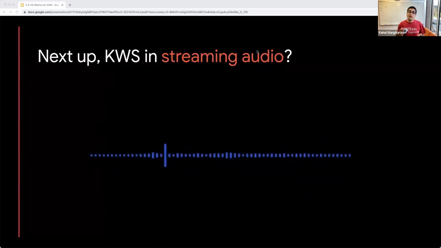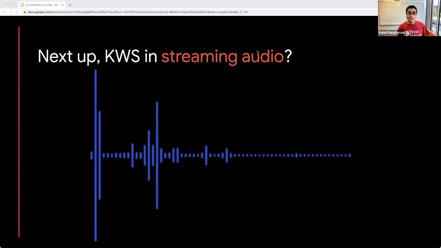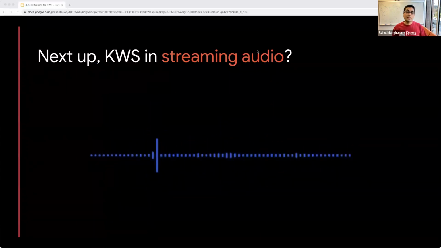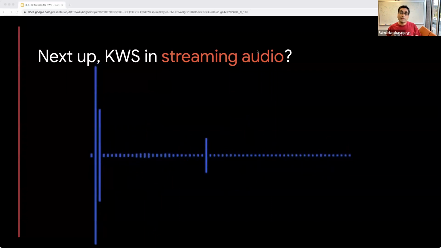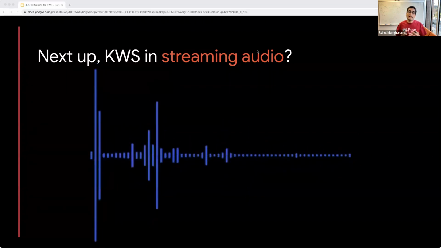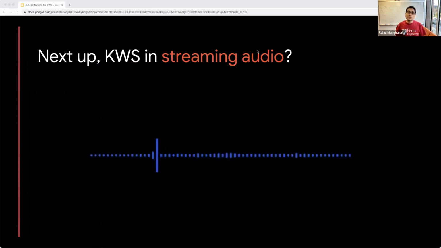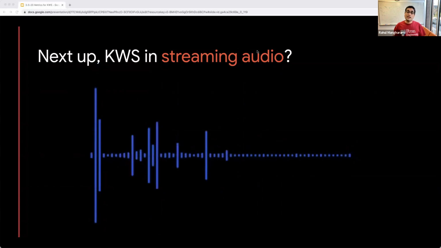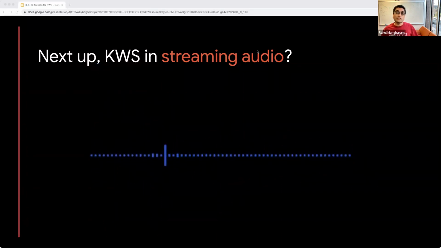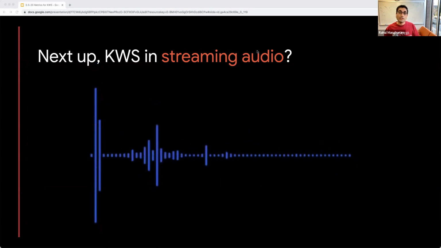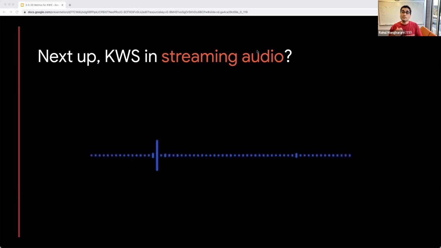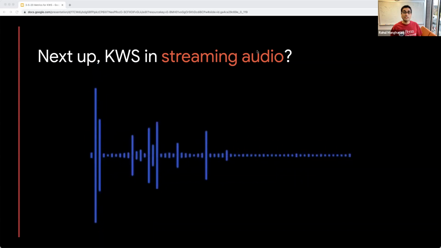Now, are there ways that we can actually improve our keyword spotting model? The answer is absolutely yes. We can do this by looking at more than just the keyword alone. In fact, you can look at the actual overall experience that you expect to have, which is, I might have streaming audio, for instance, where someone is constantly being talked to, and you've got to be able to pick out the keywords amongst the conversation.